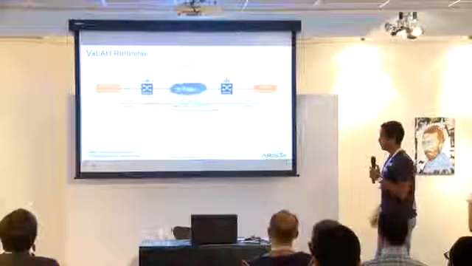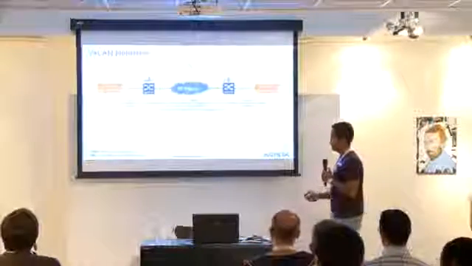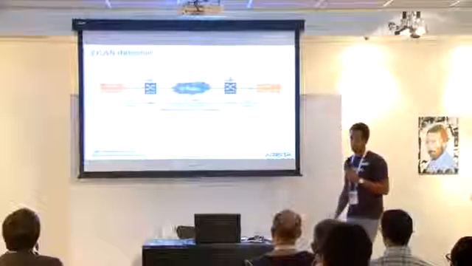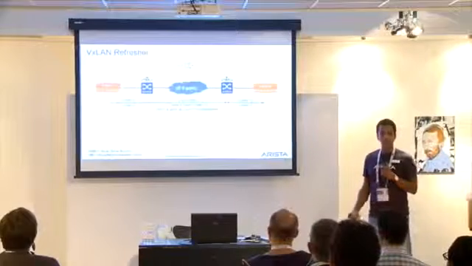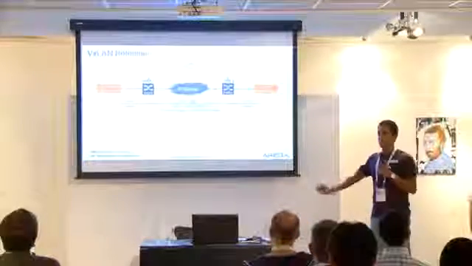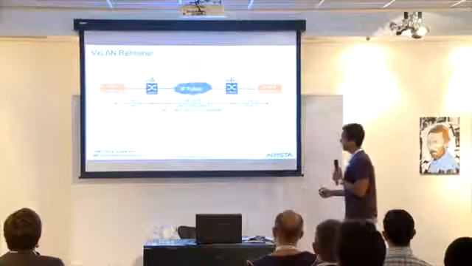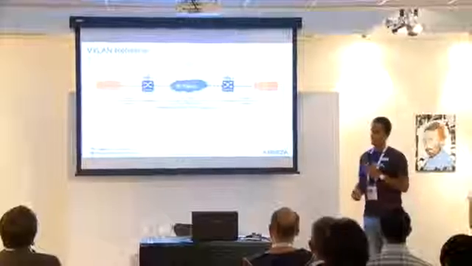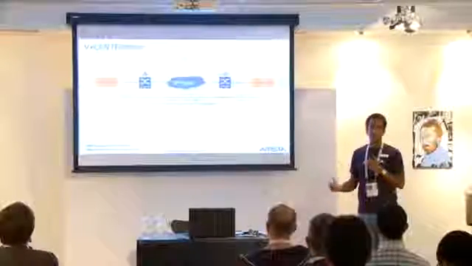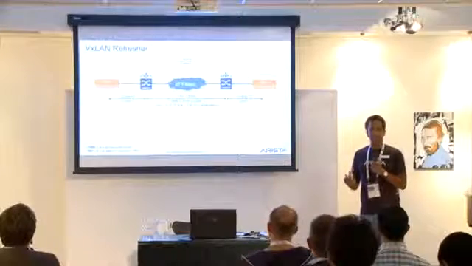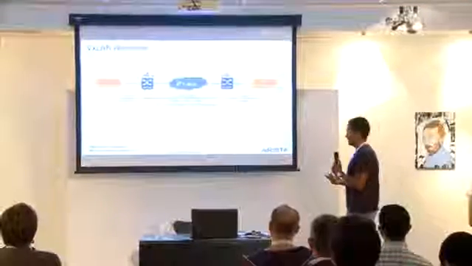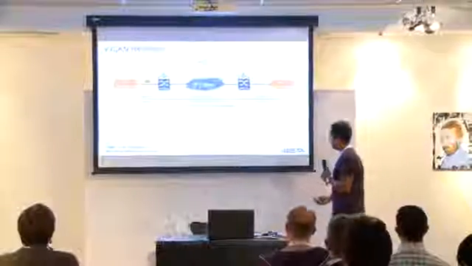So a couple of new terms we need to talk about. One of them is a VTEP. A VTEP is a virtual tunnel endpoint, which is basically the starting point and ending point of your VXLAN tunnel. I specify a dotted line because it is stateless, right? It's a UDP packet, which is the next slide.